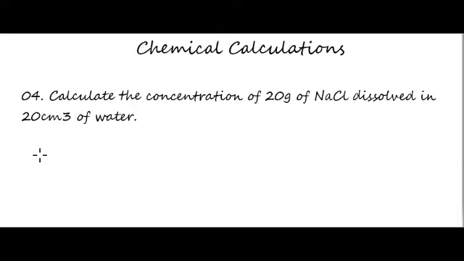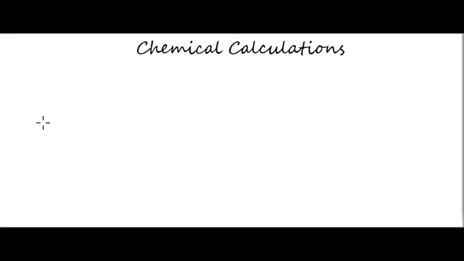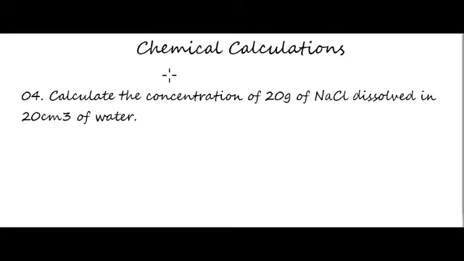Okay, so concentration is equal to N divided by volume. They have given the volume, but no number of moles. We have to calculate it. So calculate the concentration of 20 grams of NaCl.